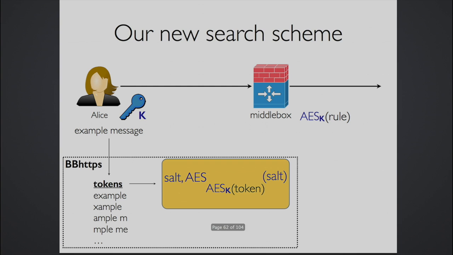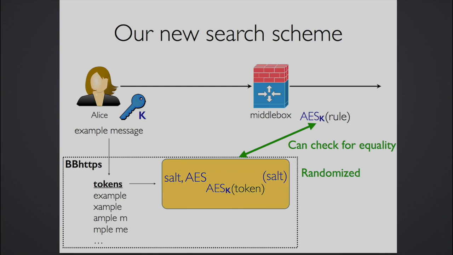And I'm not going to walk you through it, but basically, at the high level, it has the following nice properties. First, you can check for equality between a rule and a token by just taking the encryption of the rule, using it as a key to encrypt the salt, and matching the second term. The second is that it's a randomized encryption scheme due to the salts, which are random. And third is that actually it's fast.